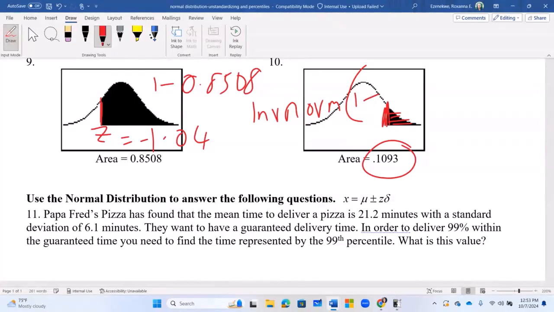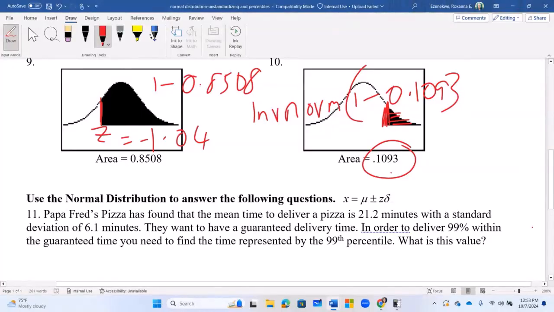Then 1 minus this quantity, 0.1093. Okay. And then I will go ahead and find that. The z-score will be positive because the area to the left is greater than 0.5.